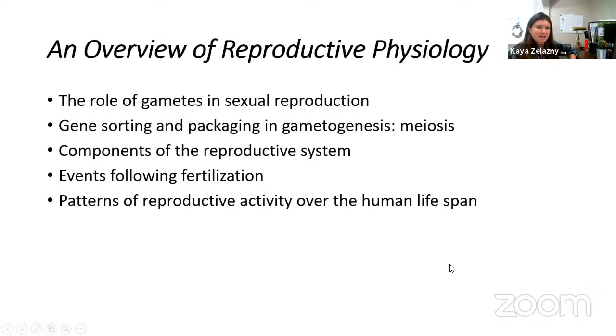And we're going to see how all these things come into play in the male and the female reproductive system. We're also going to talk a little bit about fertilization and lifespan patterns in reproductive activity, because the reproductive system doesn't stay the same in a little kid versus in someone who's 80, right? We know that the reproductive physiology changes over your lifetime.